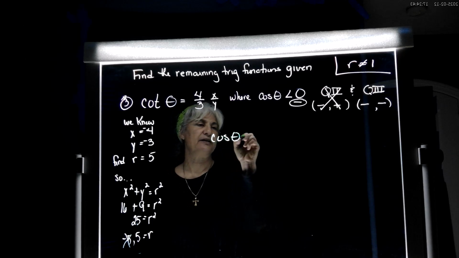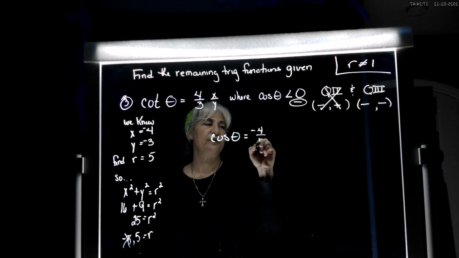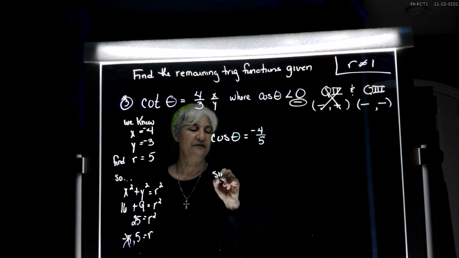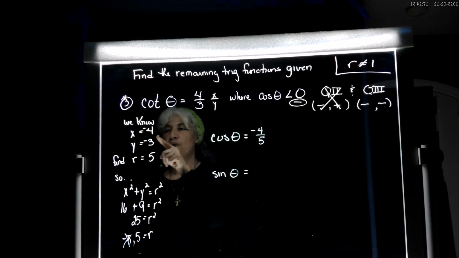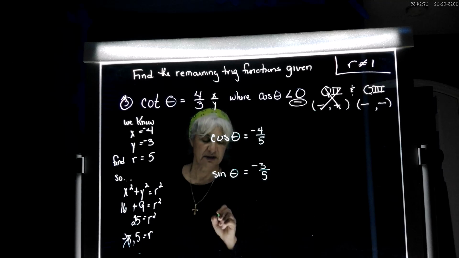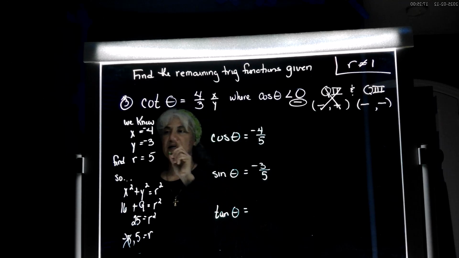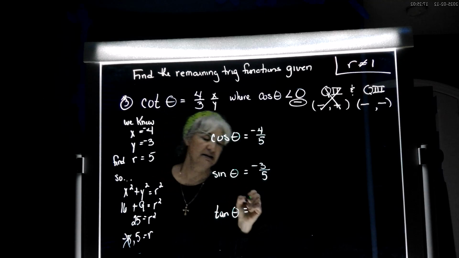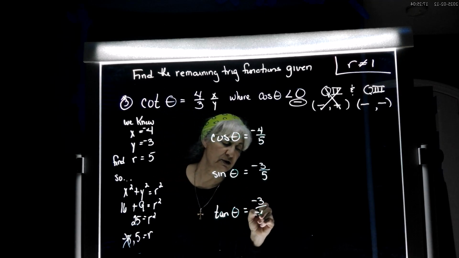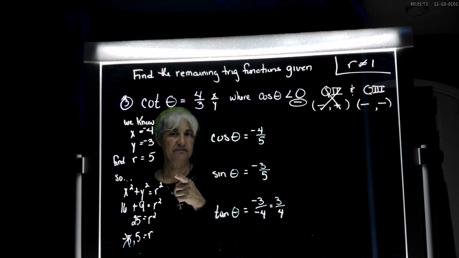Cosine of theta. X over r, so we have a negative 4 over 5. Sine of theta. Y over r, so we have a negative 3 over 5. Tangent of theta is y over x, so you have a negative 3 over a negative 4, which is a positive 3/4, right?